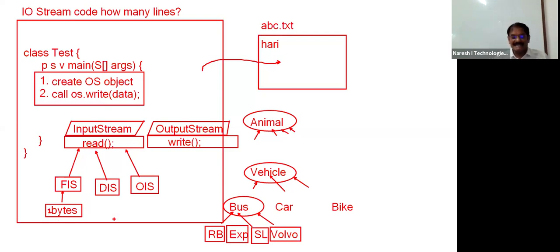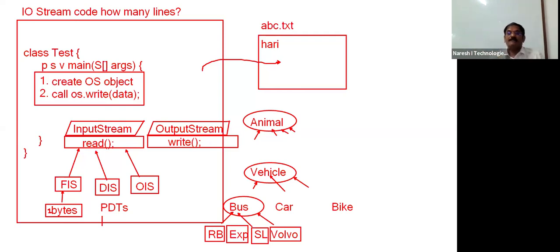But tell me, in Java we have primitive data types, right? Primitive data types occupy 1 byte, 2 bytes, 4 bytes, or 8 bytes. Byte 1 byte, short and char 2 bytes, int 4 bytes, float 4 bytes, double 8 bytes, long 8 bytes.